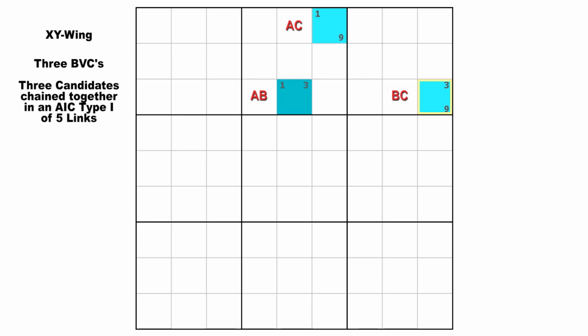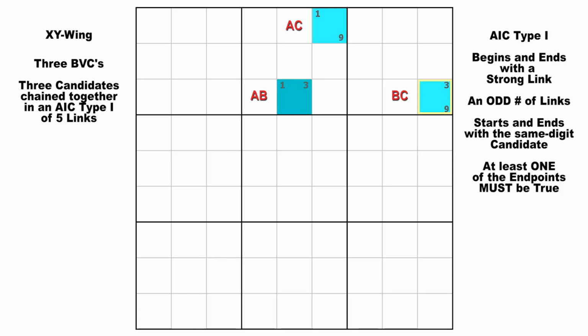There is a strong link between the two candidates in any bi-value cell. And if you remember from video number 4, an AIC Type 1 will always begin and end with a strong link. It will also have an odd number of links, and it will start and end with the same digit candidate.